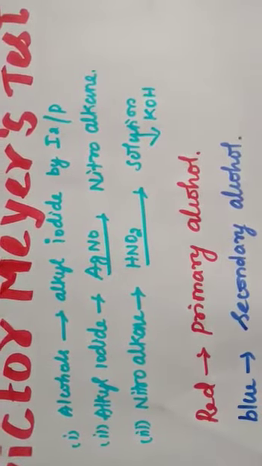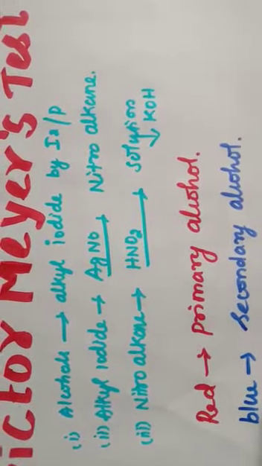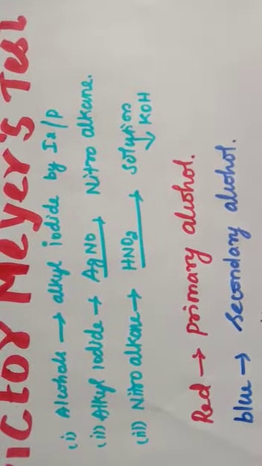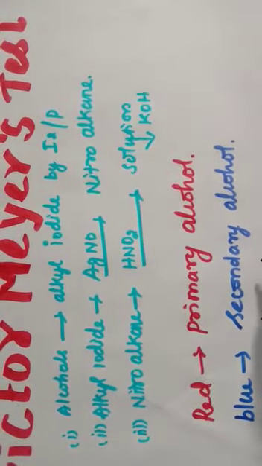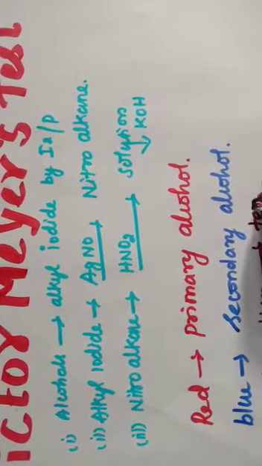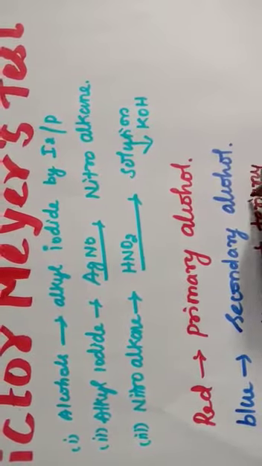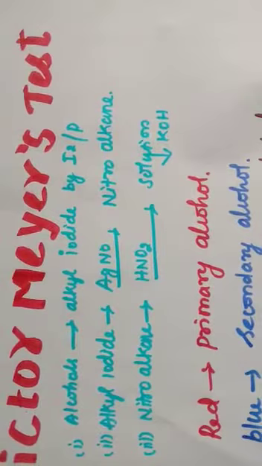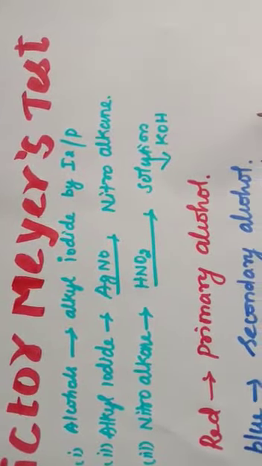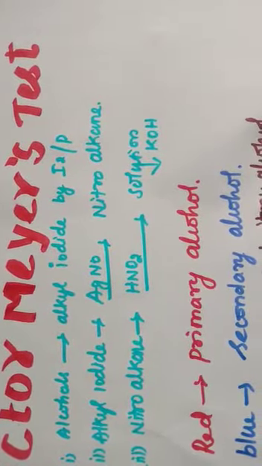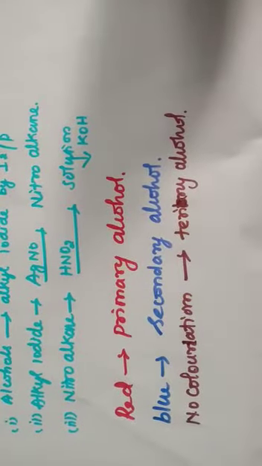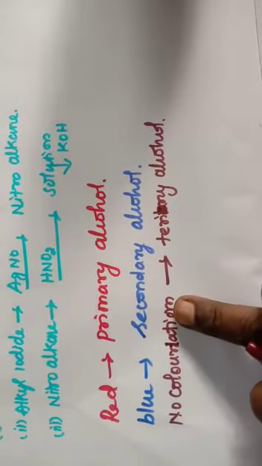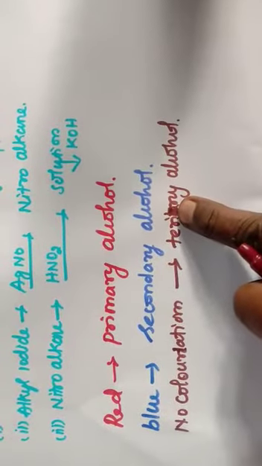If there is no coloration obtained, then it is tertiary alcohol. I repeat once again: red color means primary alcohol, blue color means secondary alcohol, and no coloration in the solution means tertiary alcohol.